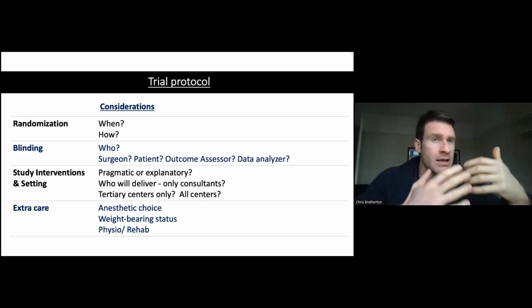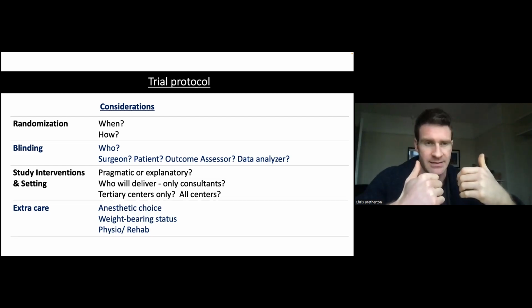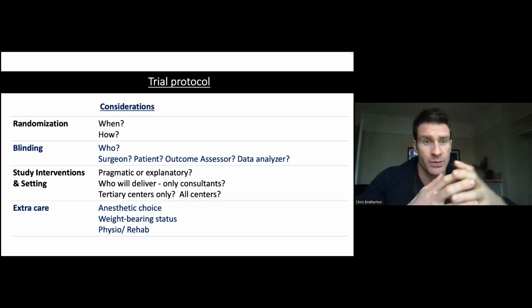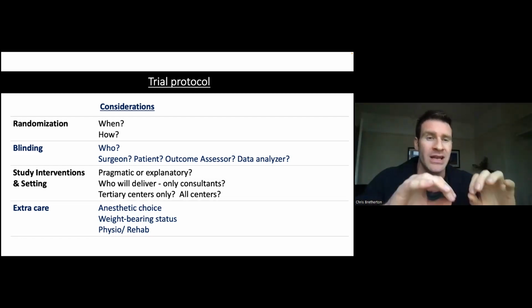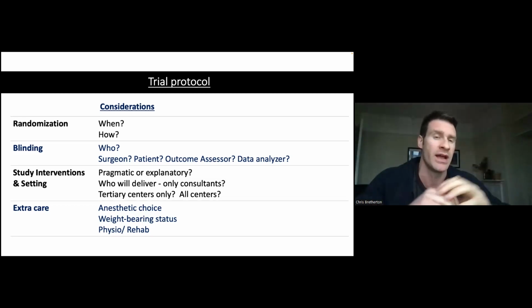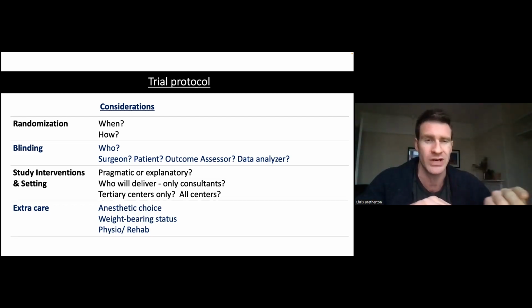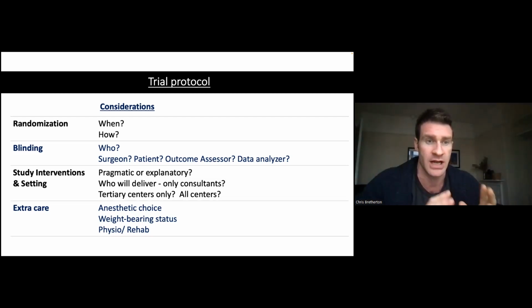So that would be, if you randomize at that point, that would still allow a lot of bias, particularly performance bias. So in this case, what they did is once they debrided the wound and they were ready to put a dressing on, that is what in theatre, that's when they randomized patients, all just to decrease this performance bias. So these are things you have to think about when you're designing a study.